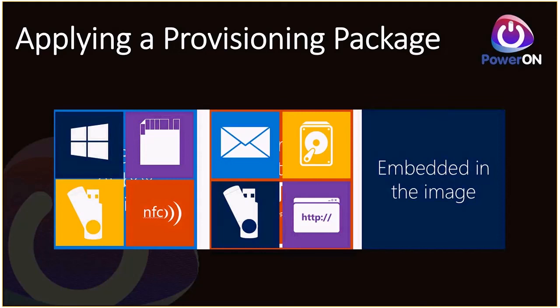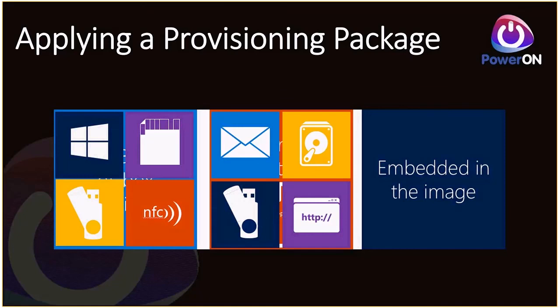So we can get the user to apply the provisioning package through the out of box experience. They can press the start button 5 times and it will give them the option to apply the provisioning package that the IT department has provided for them, be it via a USB dongle or an SD card, or it can also be done through an NFC transfer as well.